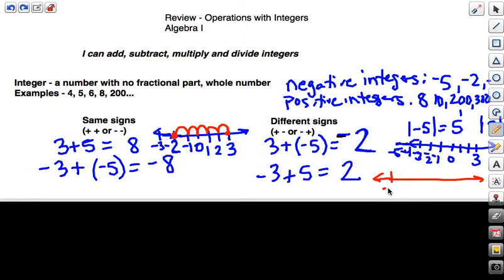So let's say here we're at negative 3, negative 2, negative 1, 0, 1, 2, 3, 4, and 5. So we're at negative 3 here, and we're moving 5 units to the right. So 1, 2, 3, 4, 5. That takes us to 2.